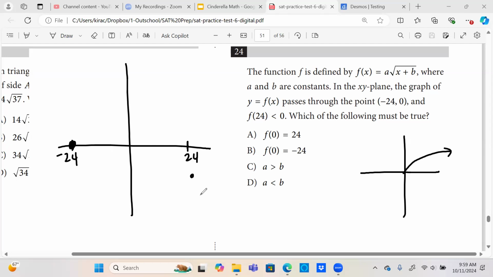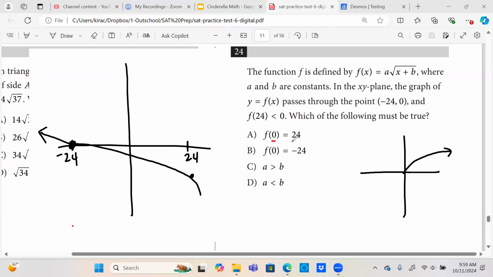There we go. That's probably been flipped somehow. So if it's flipped over the y-axis, the b's got negated somewhere. Which of the following must be true?